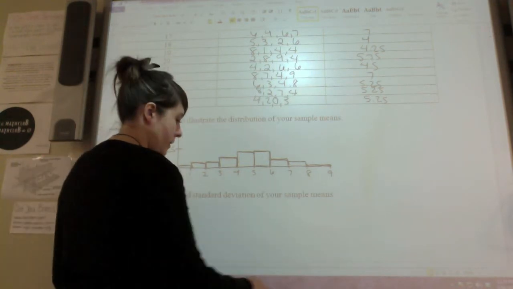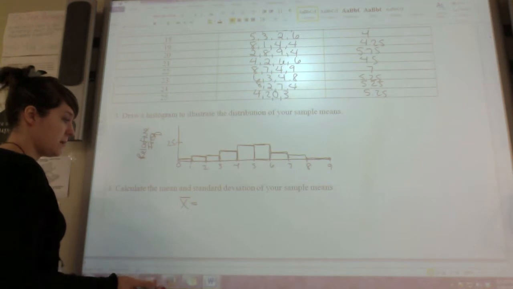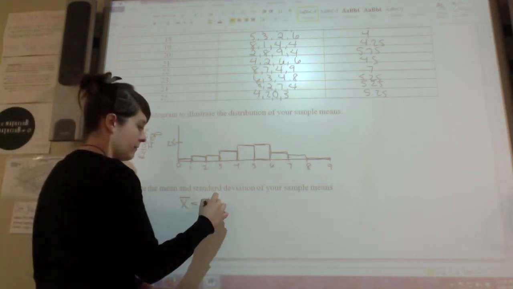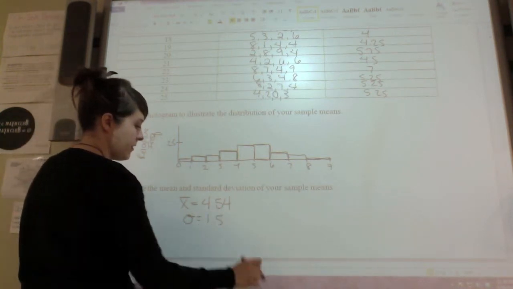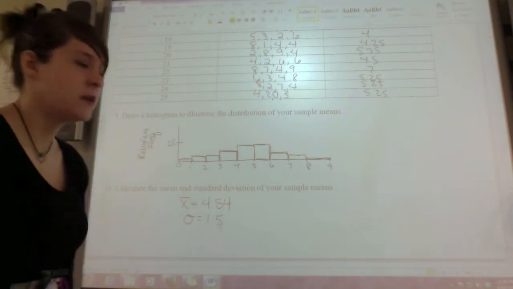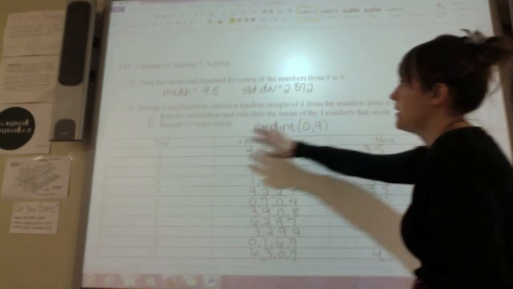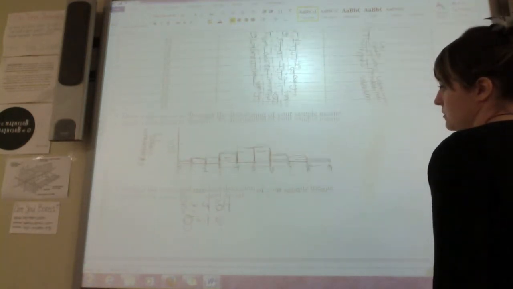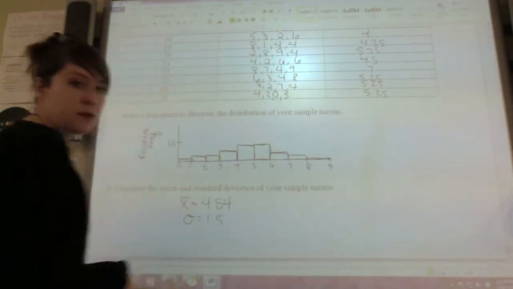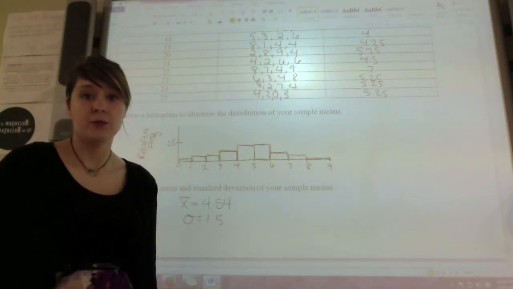And when I calculated it, for my mean of my sample means, I got 4.54, and for my standard deviation of my sample means, I got 1.5. Now, how does that relate to my original data here? Well, you can see that my original mean was 4.5 and my original standard deviation was 2.8. So my mean is close, my standard deviation is a little bit off.